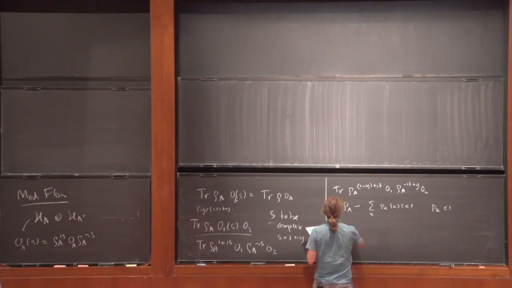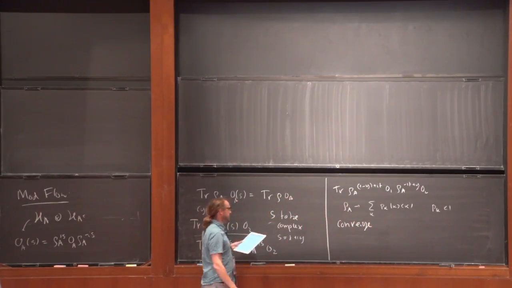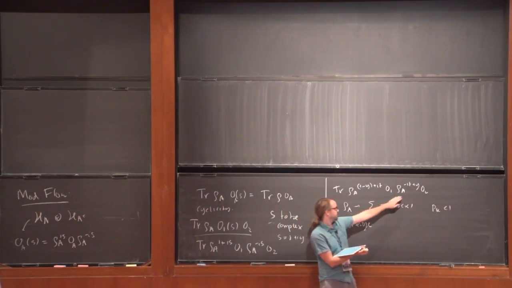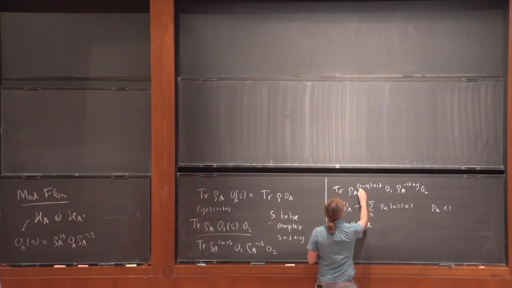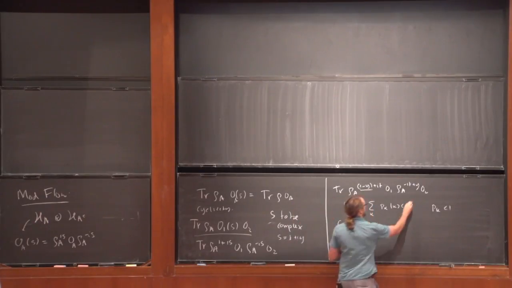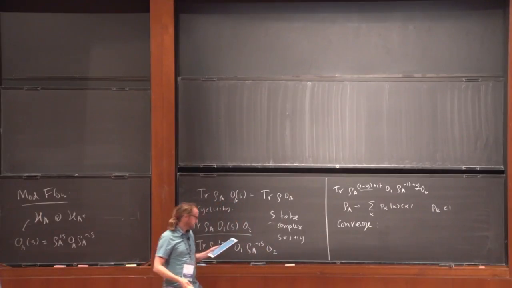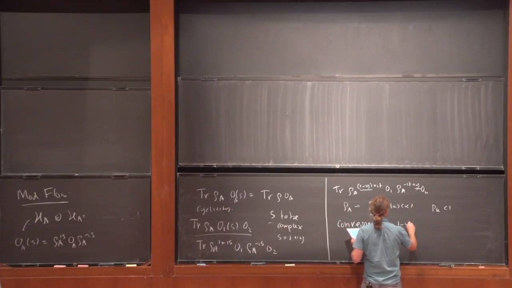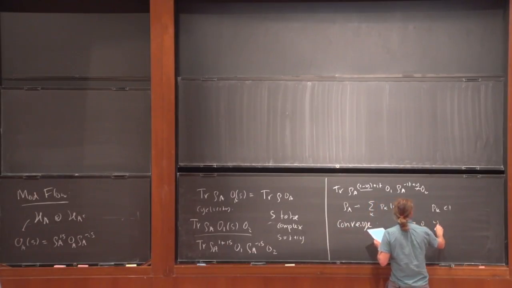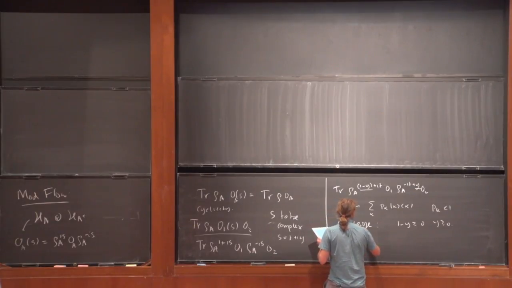So in fact, the traces here, and if I insert complete sets of states here, will only converge in some window. In particular, I need this to be positive and this to be positive. These don't really matter because they just introduce phases. And so it converges as long as this, or in terms of the original S parameter, this is true.